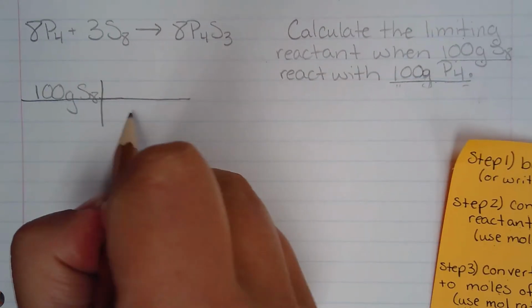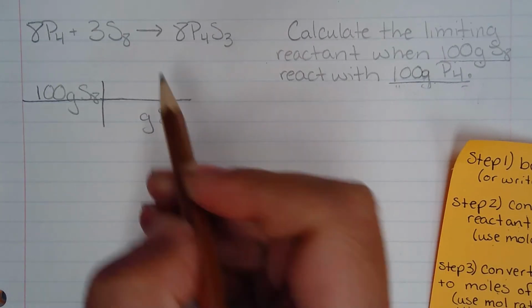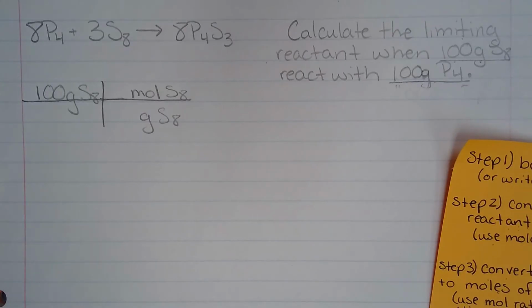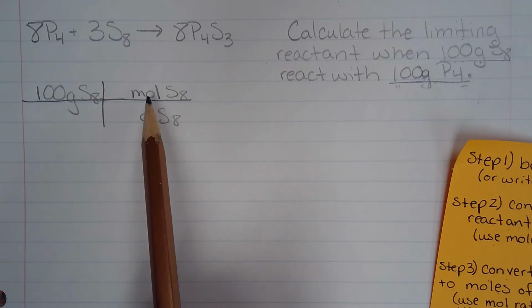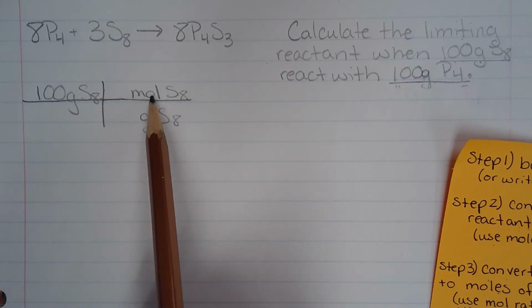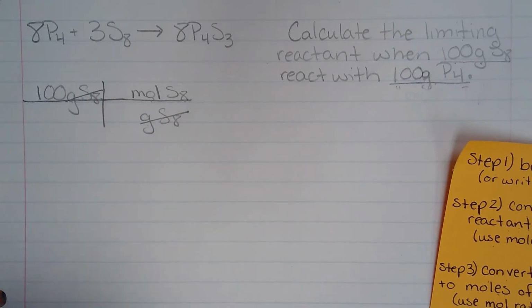So we have grams of S8, we want moles of S8. Notice here we're only changing one thing at a time. We're keeping S8 constant, we're changing from grams to moles. So grams of S8 can cancel out.